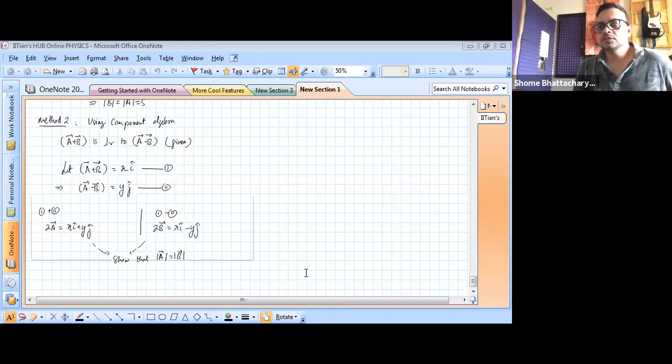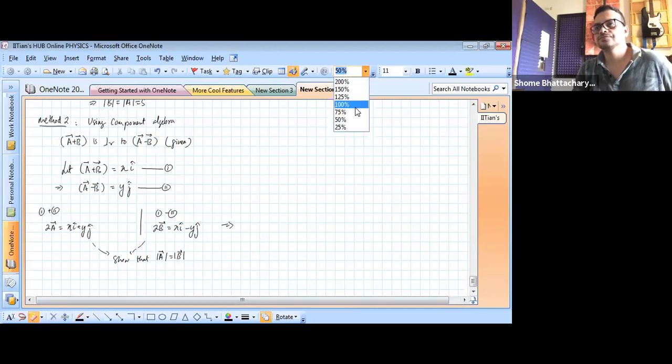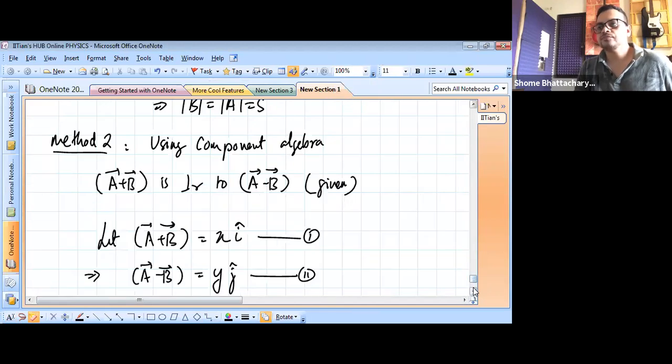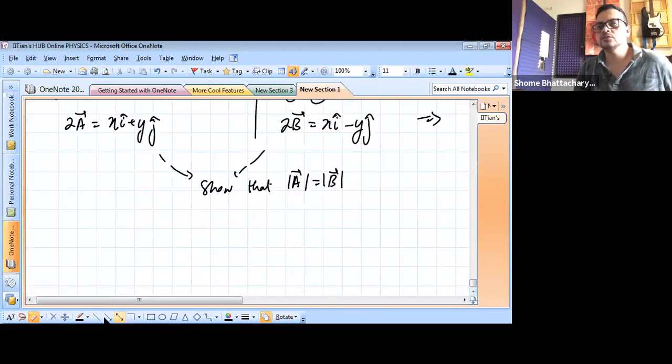Okay. So from this, you can see quite easily that first of all, you will get vector A itself. Solve this. From these equations, we will first of all be able to show that vector A is x by 2 i cap plus y by 2 j cap.